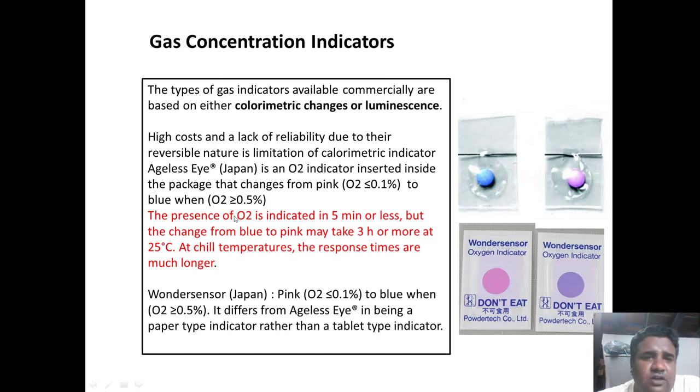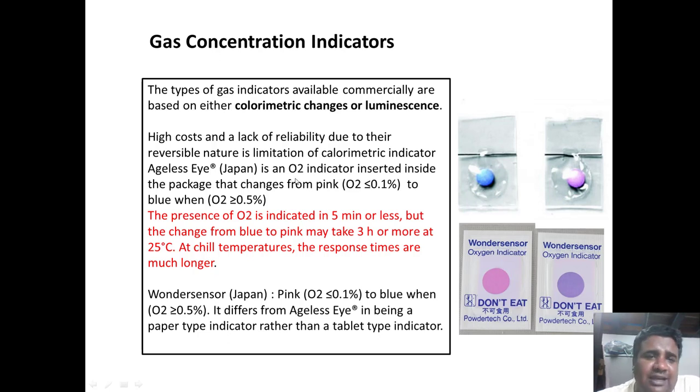Okay. So how it works basically: if oxygen is in a limited amount, less than 0.1%, then it will appear pink. If the oxygen reaches more than 0.5%, then it will turn blue, pink to blue.